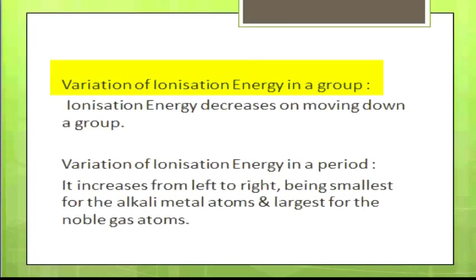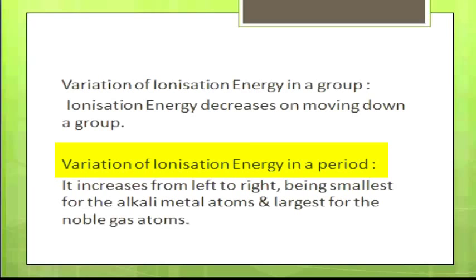Hence, the electrostatic force of attraction between the nucleus and electrons increases, and accordingly the ionization energy should increase. But the effect of increase in the atomic radius more than compensates the effect of the increased nuclear charge in increasing the ionization energy. Hence, the ionization energy decreases on moving down a group.